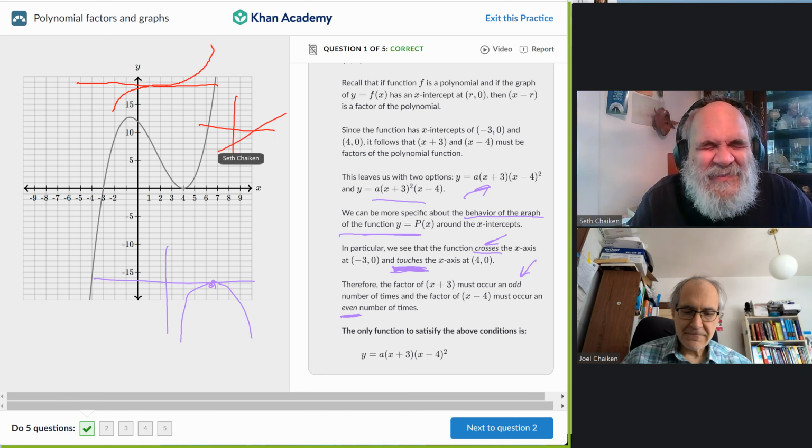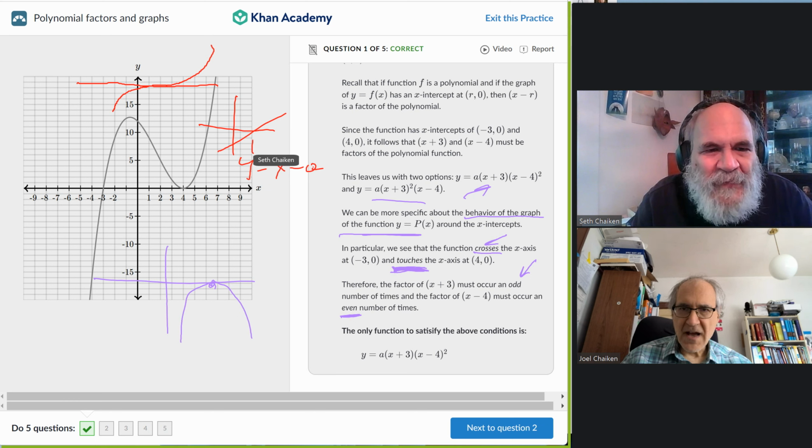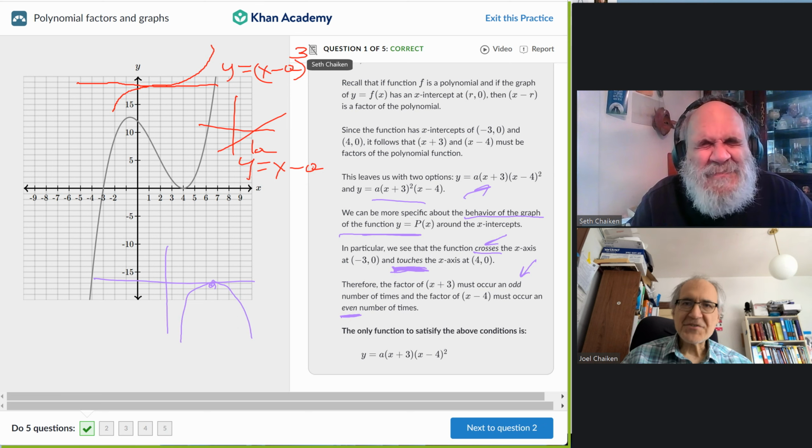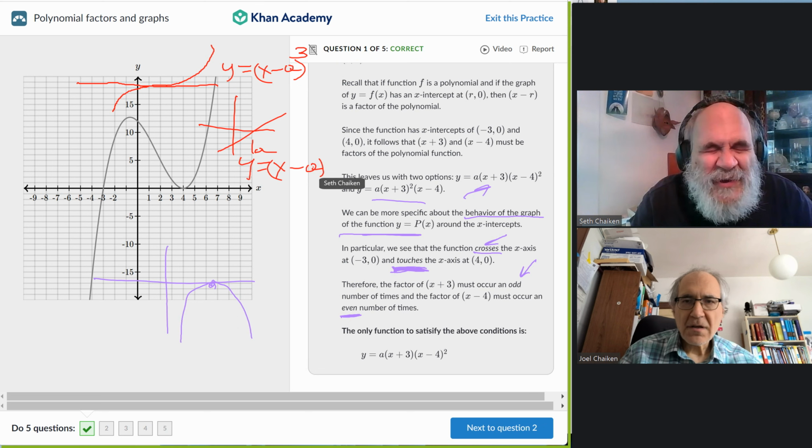So this is y equals x minus a. And this one is y equals x minus a cubed, to an odd power other than 1, three or more.